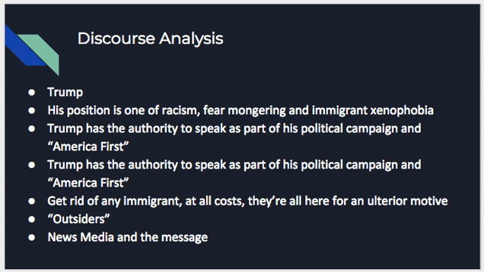Also, I'll speak about what authority that person has, the ethos, and how the discourses are framing the subject, the immigrant, and how they are being portrayed. Also, the political campaign, the platform that they have. What is the attitude towards the subject? What frames are being invoked? Who is the assumed audience?